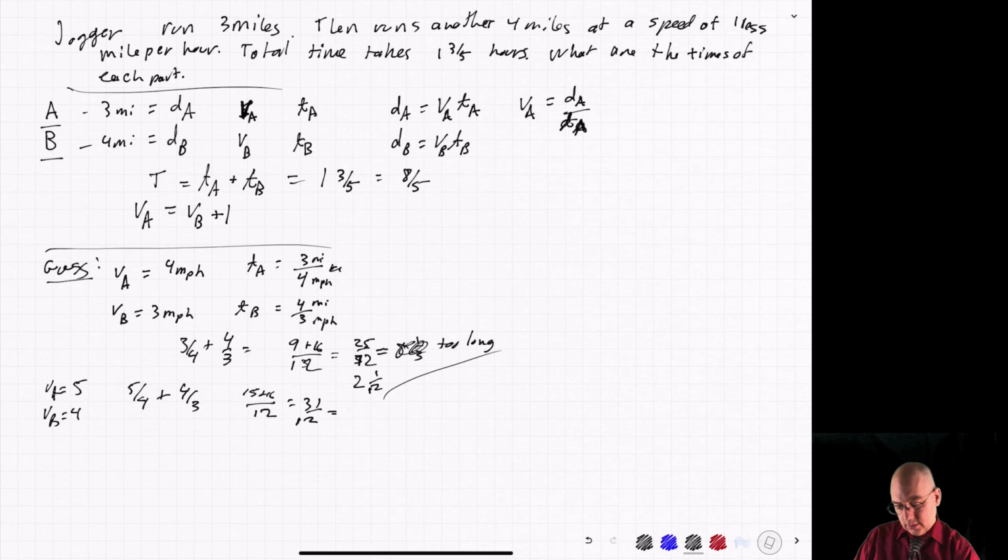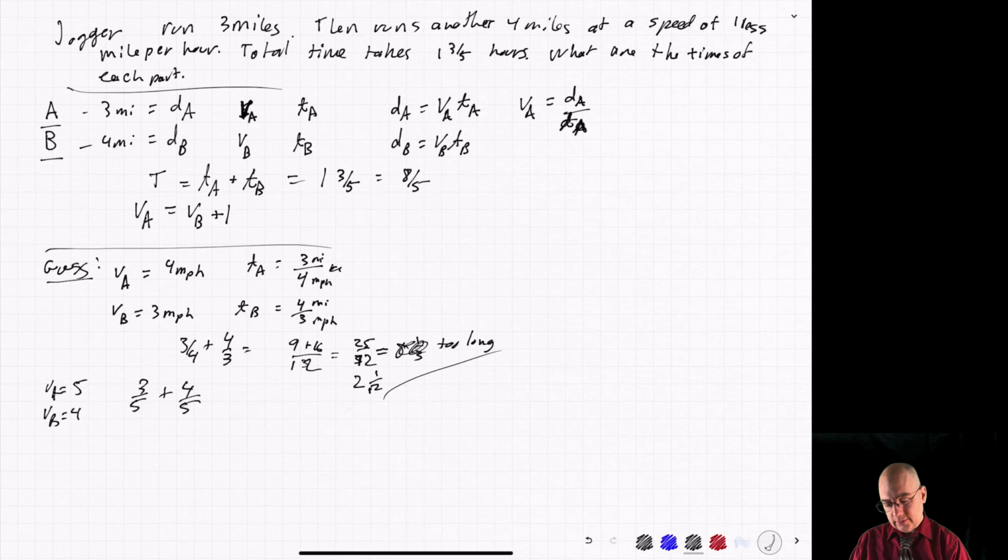Oh, sorry. See? Took the wrong generalizations. So the velocity was on the denominator, right, 3/5 plus 4/4. See, things were getting worse, and it didn't make sense to me.